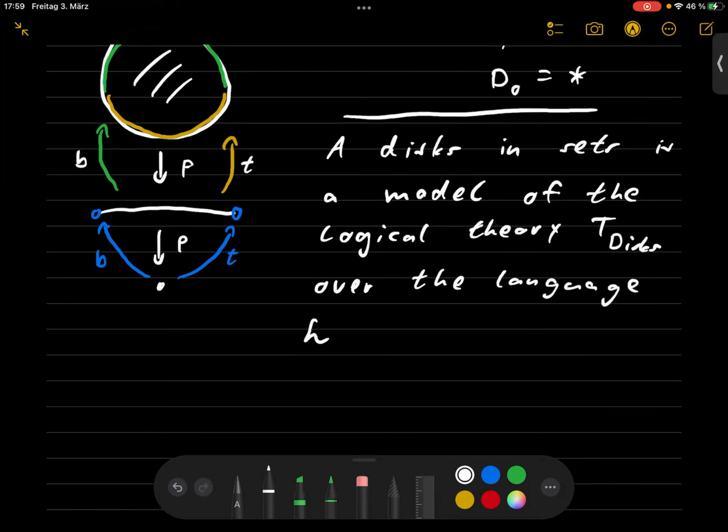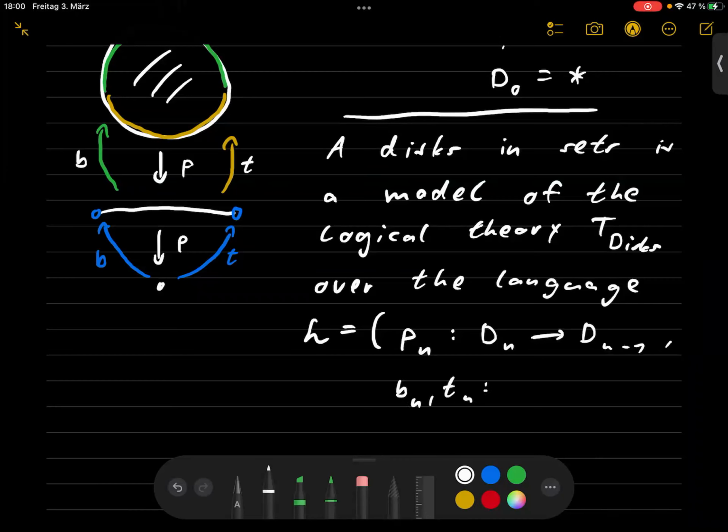So we have a language, and these are now types and relation symbols and function symbols. So what we have is the language consists of, we give us function symbols Pn, and this goes from dn to dn minus 1.